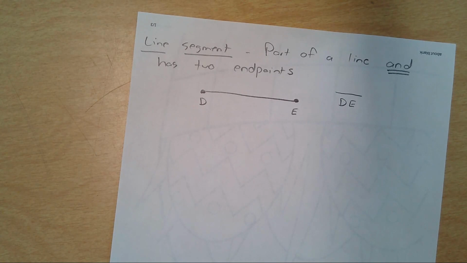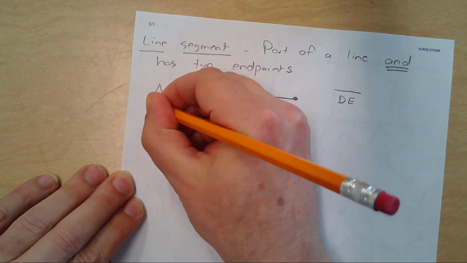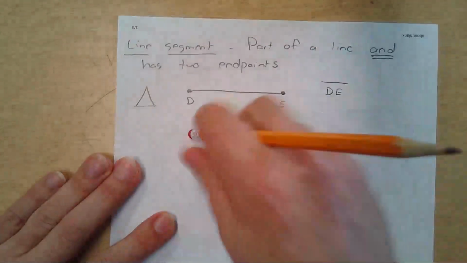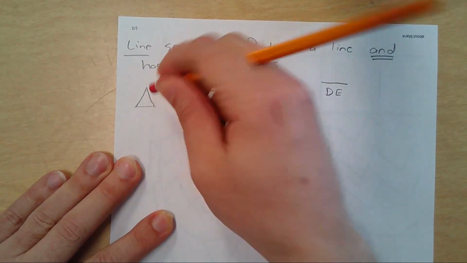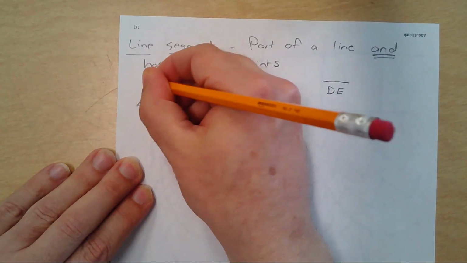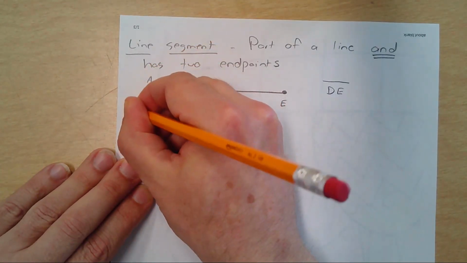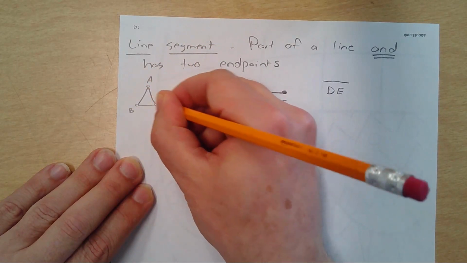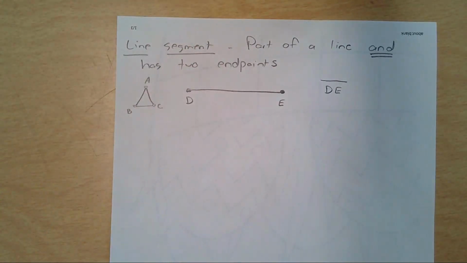If I draw, say, a triangle, for example. All right, there's my triangle. Make it a little official. But a triangle is composed of basically 3 line segments. Not lines, but line segments. Those are line segments.